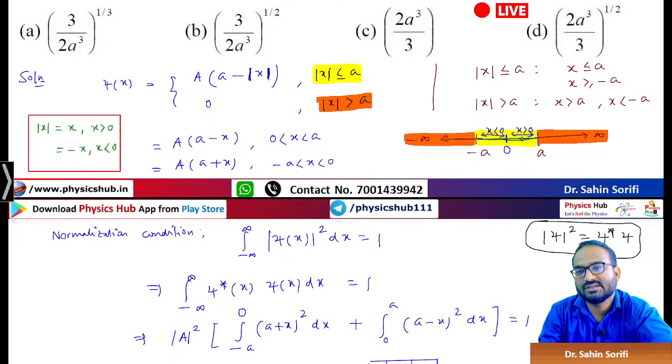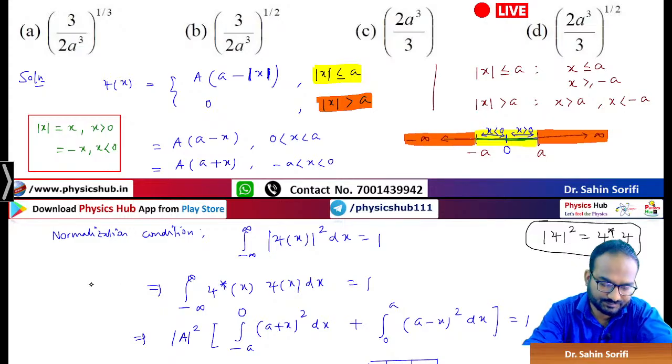Now in this region we have x less than 0 between minus a to 0, and x greater than 0, 0 to a. When we are considering minus a to 0, x less than 0 means we have to put minus x. So a minus of minus x, a plus x. For x greater than 0, 0 to a, mod x equals to x. So a minus x.